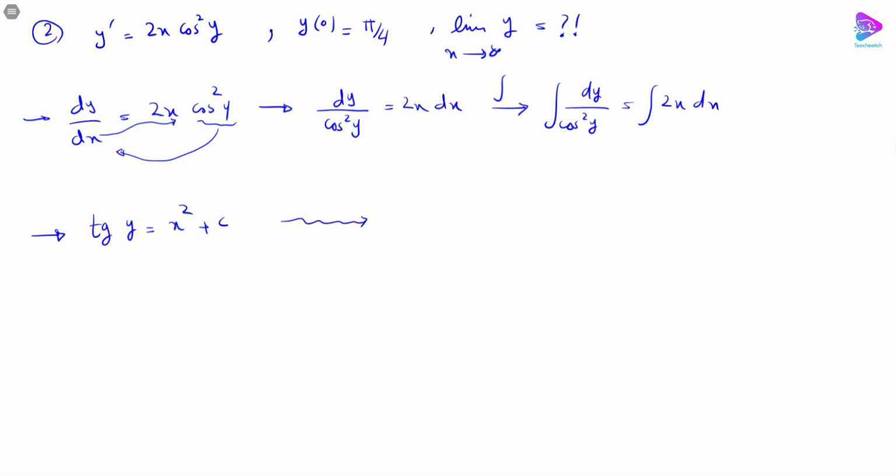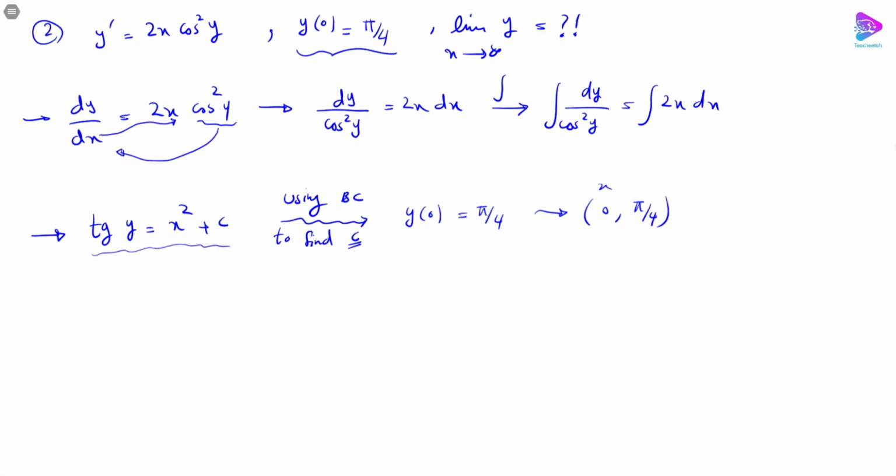Here, using the boundary condition to find c. I know y of 0 is equal to pi over 4, meaning 0 and pi over 4 is going to be on this function, x being 0, y being pi over 4.